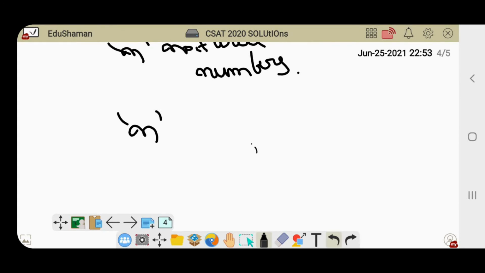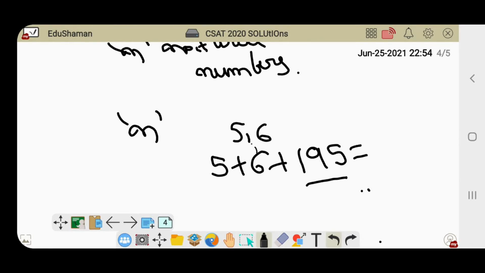So we will add all these options and check whether it matches our equation. The first option is 5 and 6, page number 5 and page number 6. So 5 plus 6 plus the sum of other pages, that is 195, will be equivalent to 206.